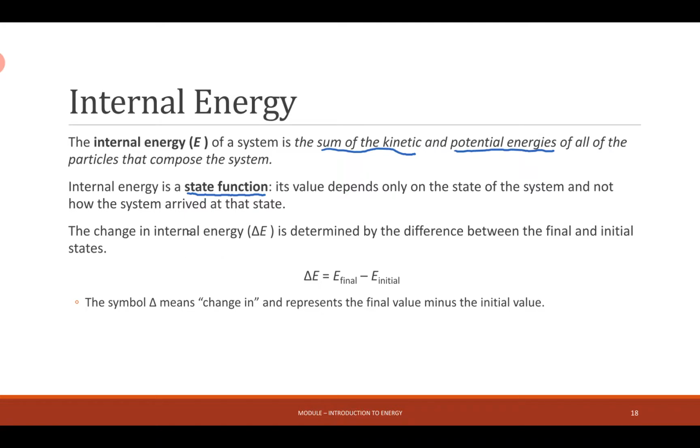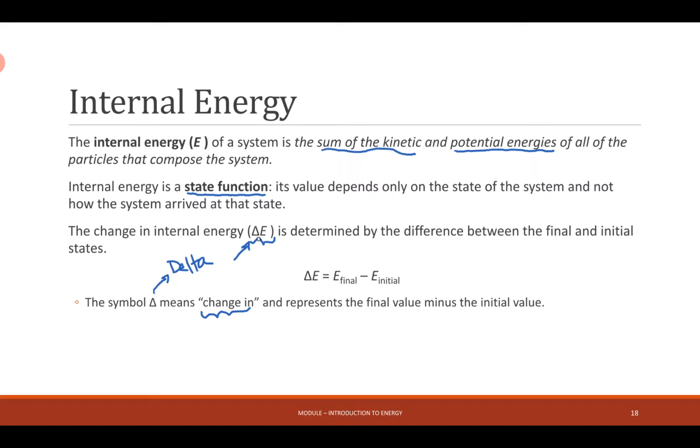We can often talk about the change in energy. So we give this delta symbol here, it means change in, so that's a capital delta. That little triangle there means change in.